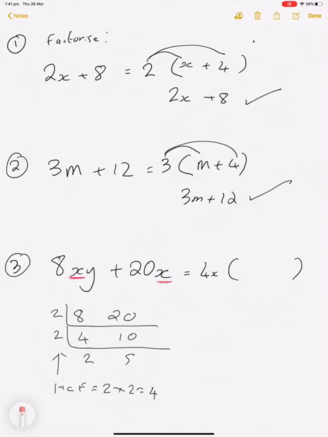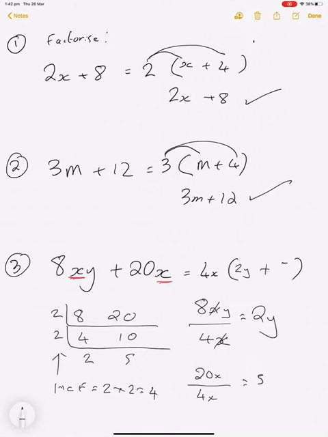Let's divide 8xy by 4x. x divided by x is 1, 8 divided by 4 is 2, and we have a y. So here we have 2y. Next, we divide 20x by 4x. 20 divided by 4 is 5, and x divided by x is 1.